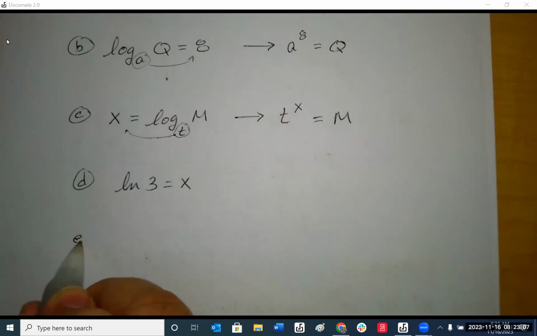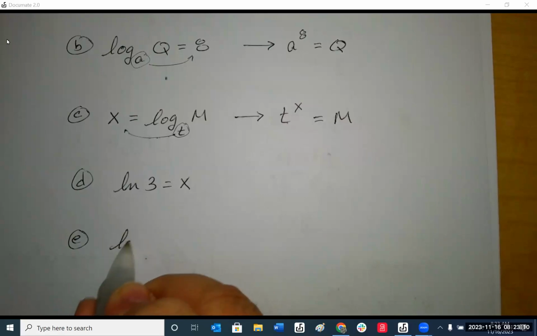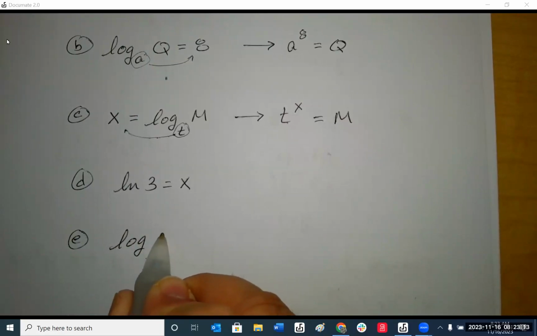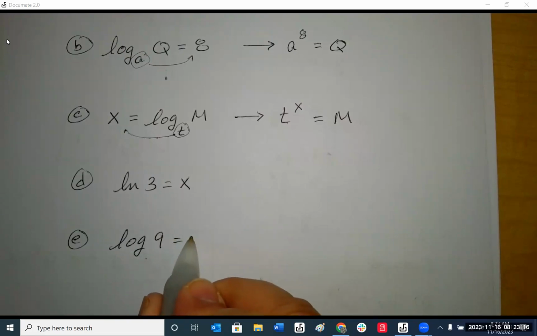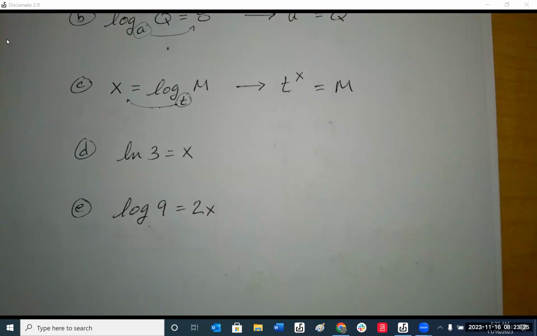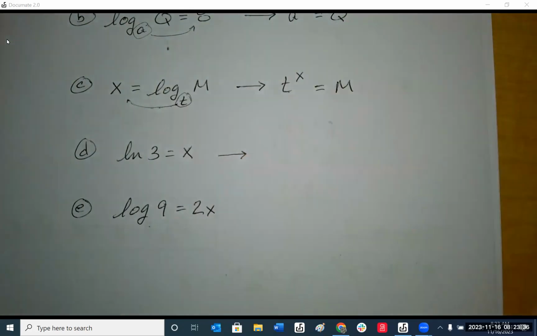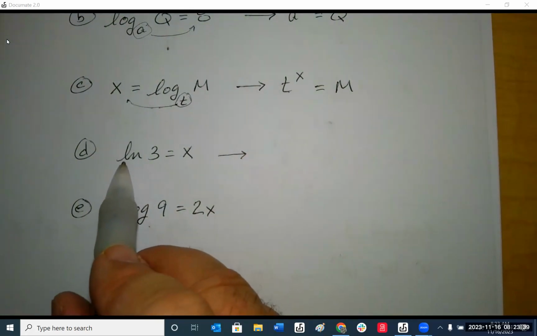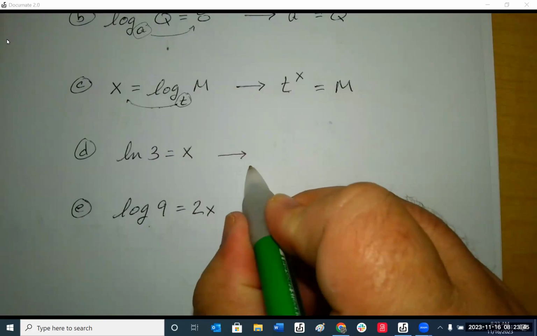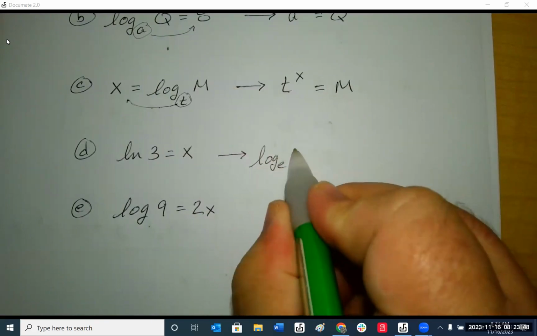These next two are not in the examples, but I really think they should be. ln, what is ln? Log base E, very good.